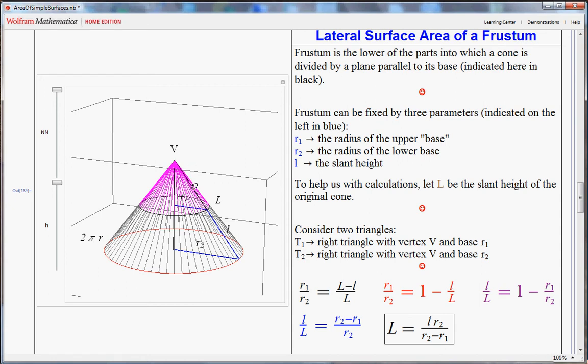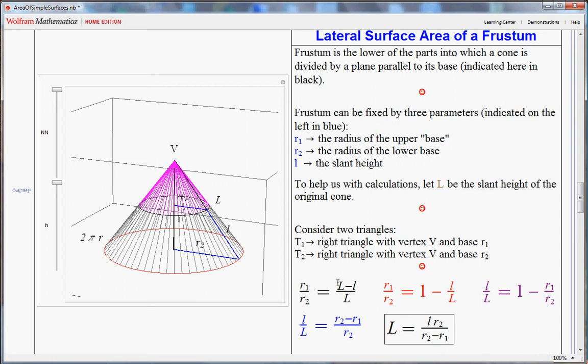The large hypotenuse is capital L. The small hypotenuse is capital L minus little l. I have written the equality of these ratios here in the black equation, and we will apply a sequence of transformations to this black equation, obtaining each time equations of a different color.